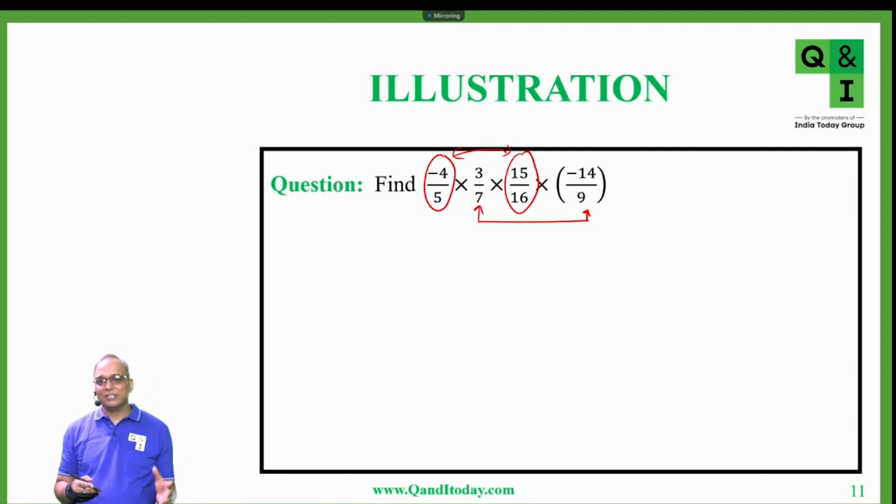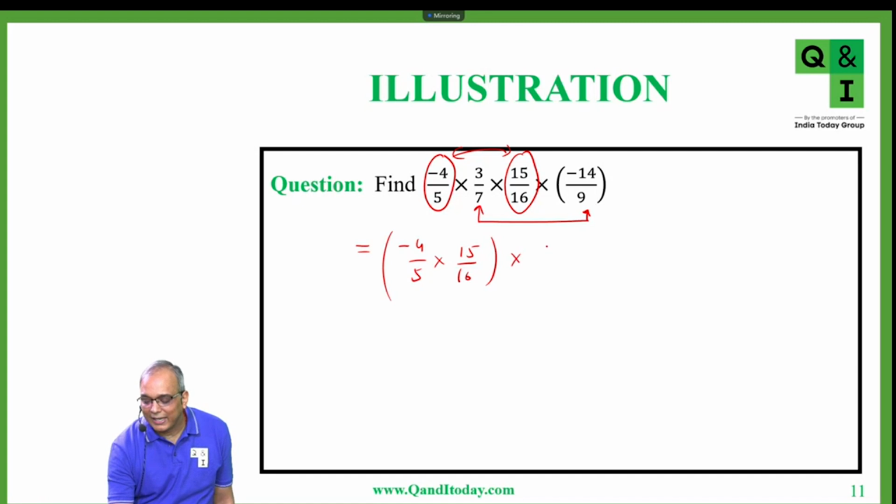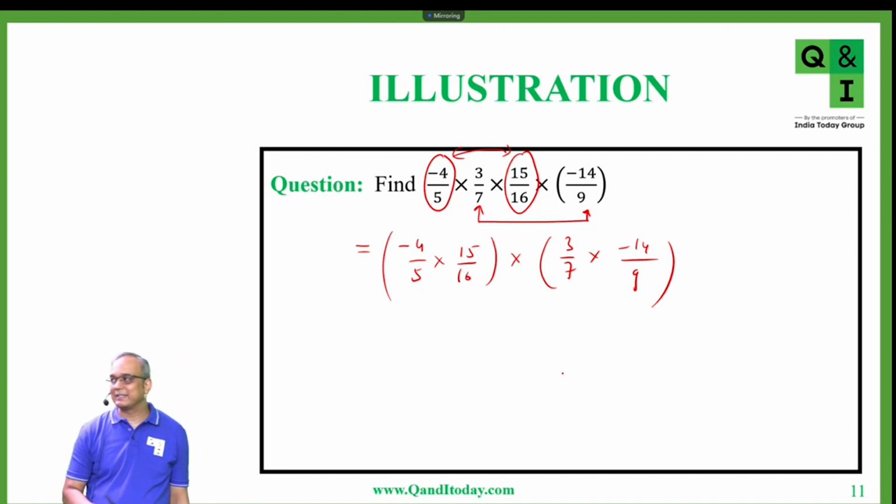So the calculation becomes easier. So here, we are going to do minus 4 by 5 into 15 by 16 first, and then 3 by 7 into minus 14 by 9 next.